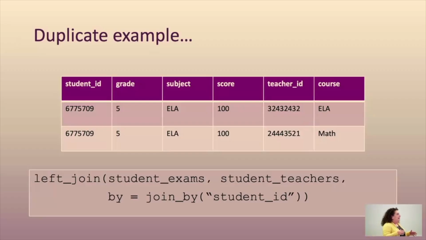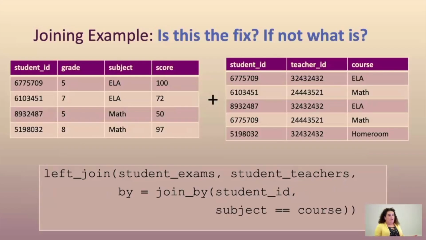So now when I do analysis about how well this math teacher's students performed, it's going to be wild, because we're going to have all these ELA, or English, results for that math teacher, which of course makes no sense. They teach math, not English. So we're clearly missing some sort of course join.